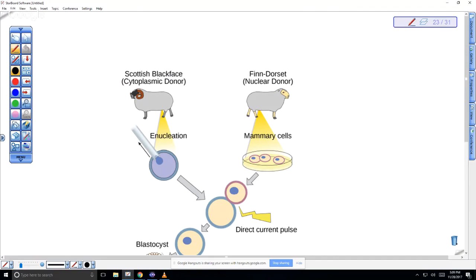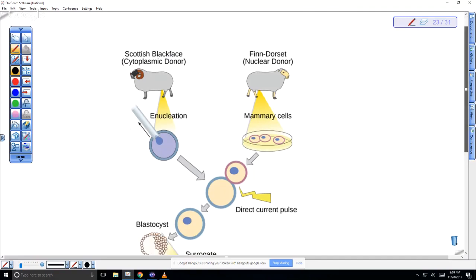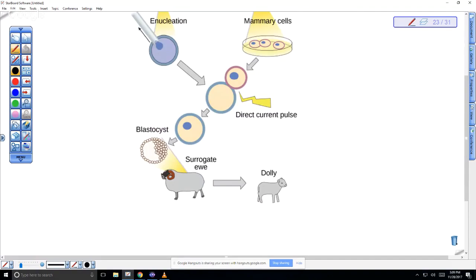If it came out as a Scottish Blackface, then they know that they didn't do it right, right? There was another embryo present or sitting in the uterus, okay? So they give it a little pulse, right? And you start to develop an embryo, and they put it into the surrogate ewe, and then the resulting sheep was Dolly.